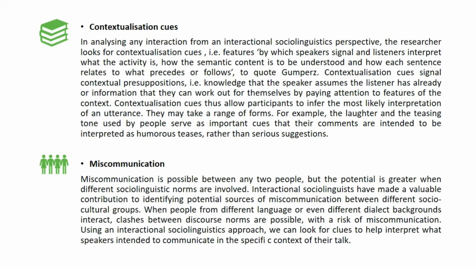When people from different language or even different dialect backgrounds interact, clashes between discourse norms are possible, with a risk of miscommunication. Using an interactional sociolinguistic approach, we can look for clues to help interpret what speakers intended to communicate in the specific context of their talk.